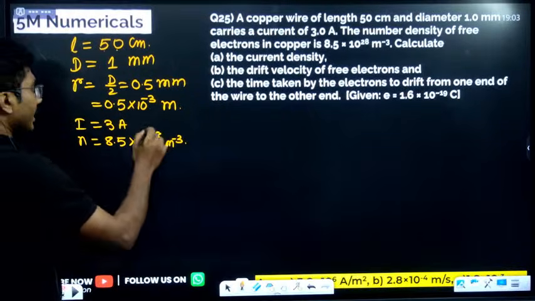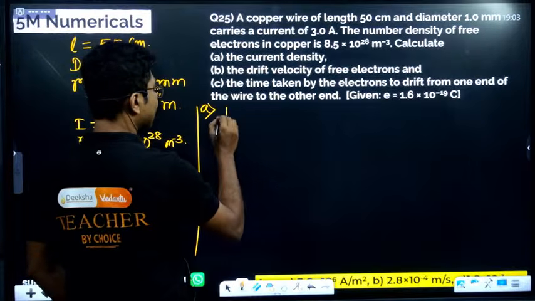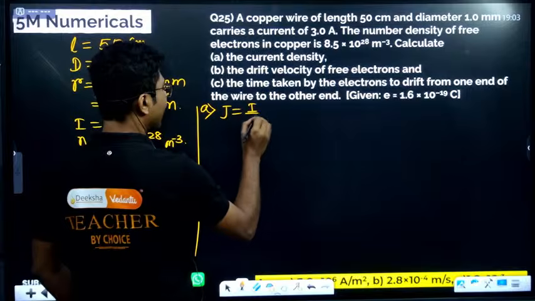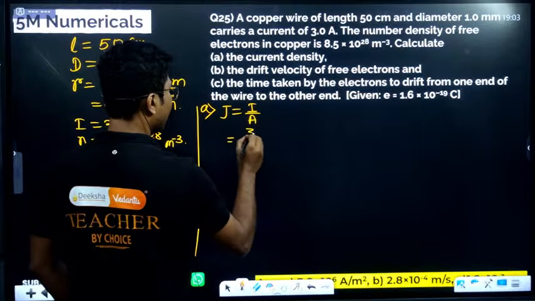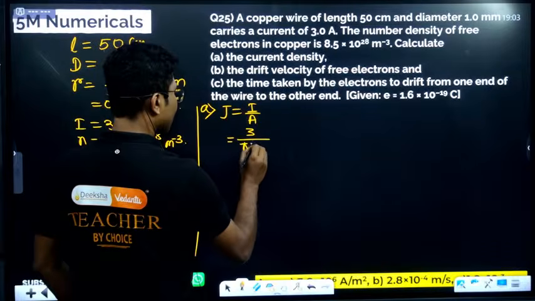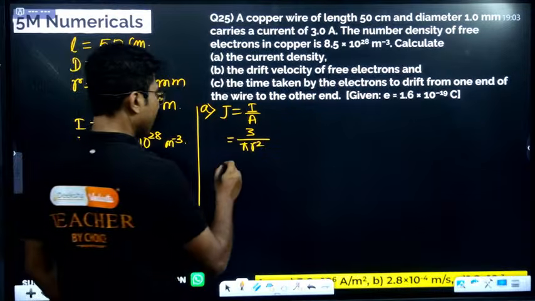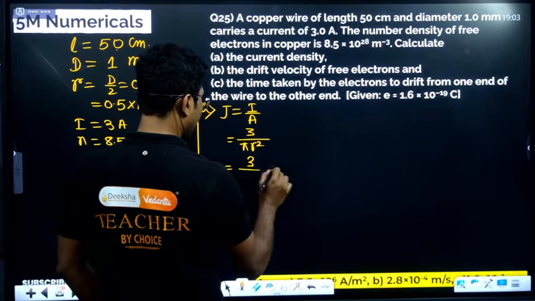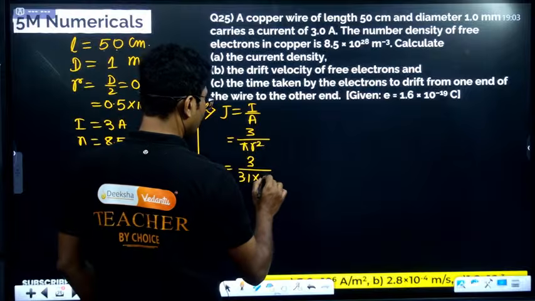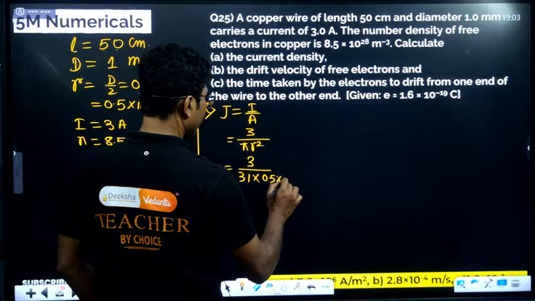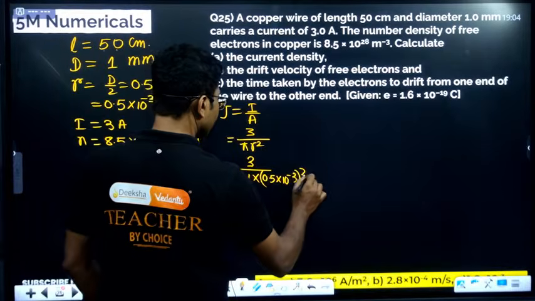Calculate the current density. How to calculate current density? First option, part A, current density J is current divided by area. Current is 3 ampere and area is pi r square. So it will be 3 divided by 3.1 into r, which is 0.5 into 10 to the power minus 3, whole square.